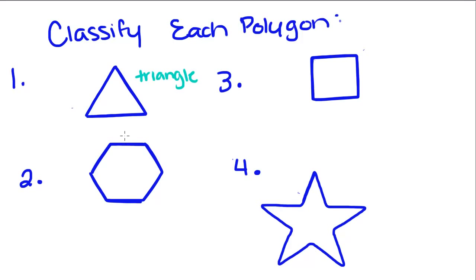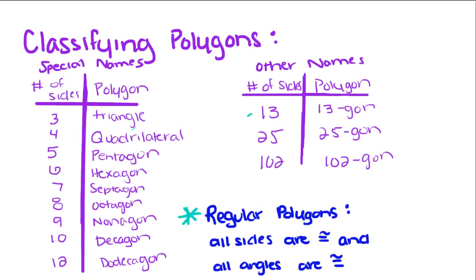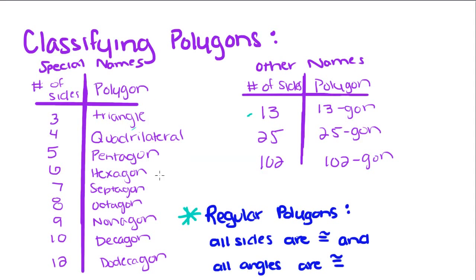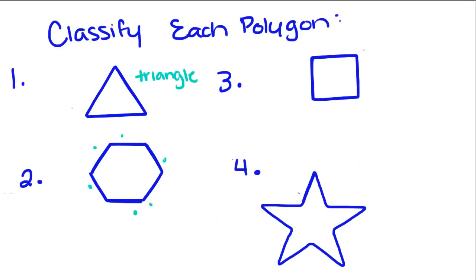Okay, so this has 1, 2, 3, 4, 5, 6 sides. So if you remember, it's called a hexagon. So this right here is called a hexagon.